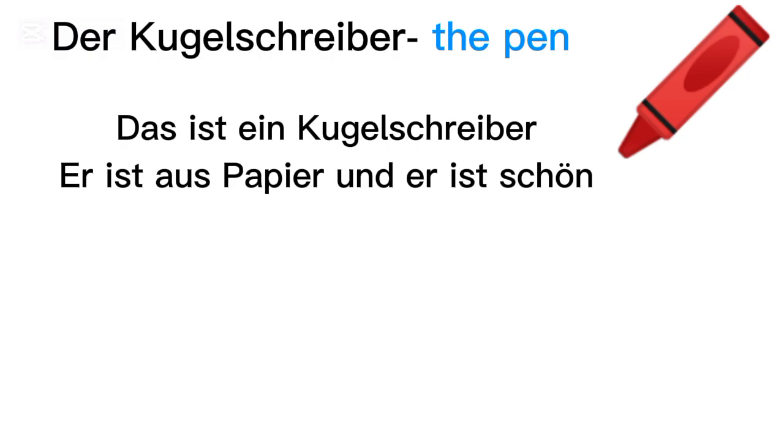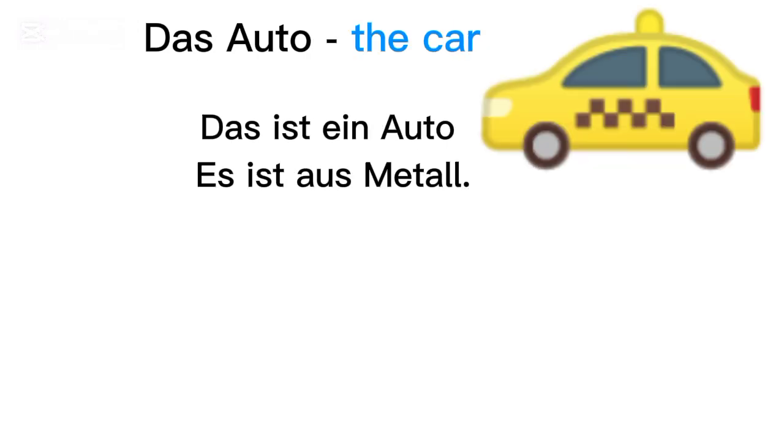Then you ask yourself, which material is it made of? If it is metal, you say das ist ein Auto. Das ist ein Auto. Es ist aus Metall. You use the preposition aus, which is the preposition for "it's from". That is the secret here.